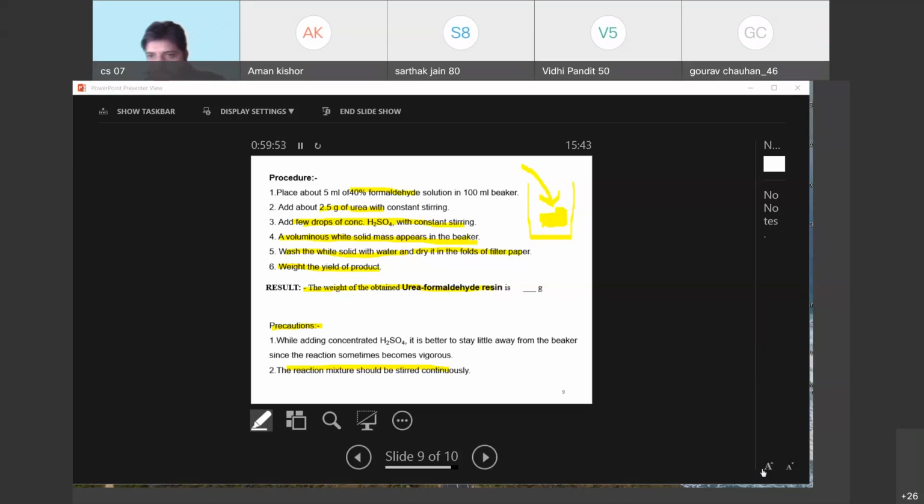Okay. So we have Aditya Dubey 54. Yes, sir. Then Aman Kishore 74. Yes, sir. Then Aman Sharma 64. Then Arif Ahmed 56. Then Arun Kumar 73. Then Ayush Chaudhary 71.